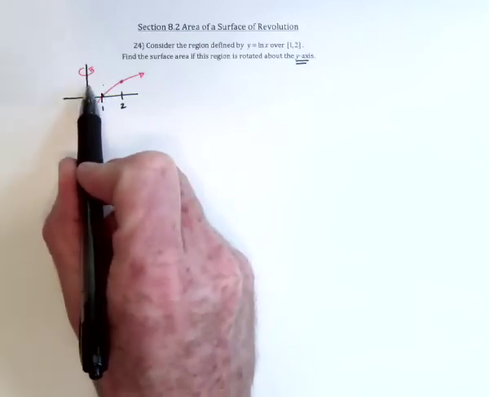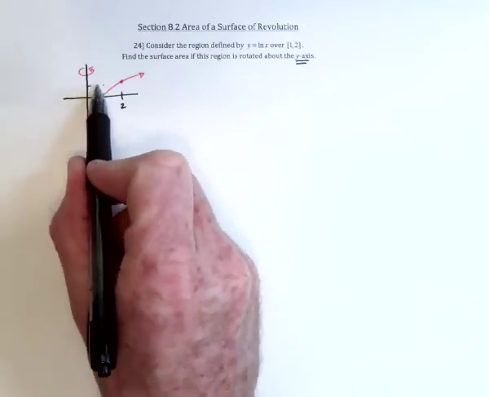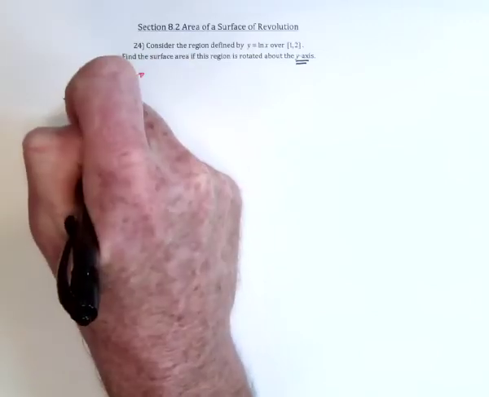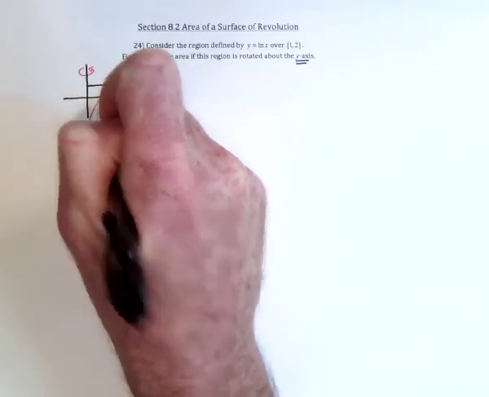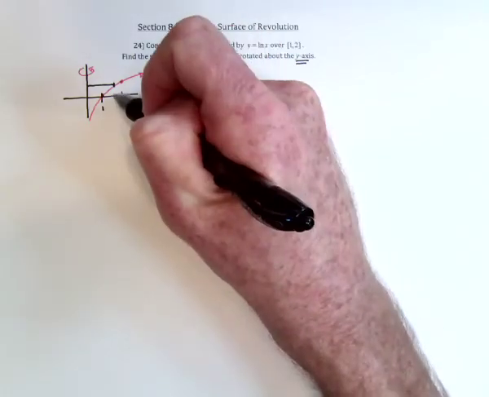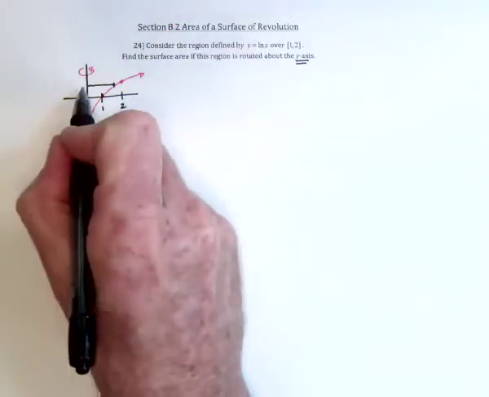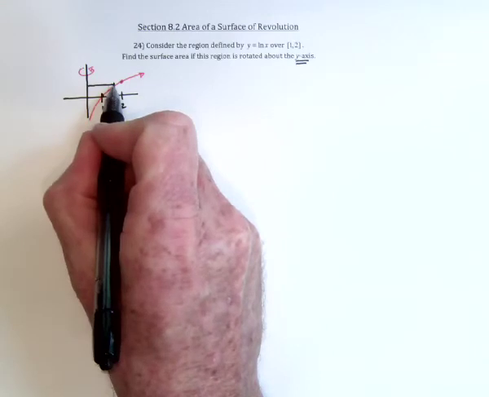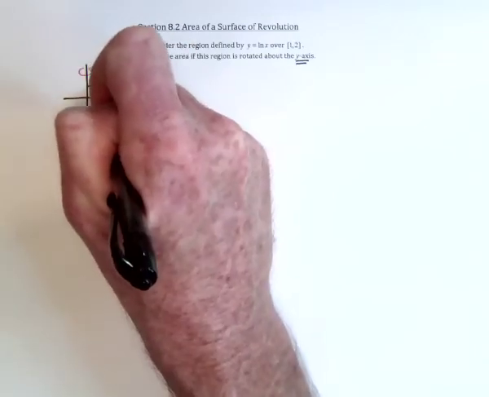So for rotating about the y-axis, basically the theory is the radius, since we're going around the y-axis, the radius has to be measured from here to that arc. So consequently, the radius is not going up to the function, it's going across to the function. So that means that the radius is equal to x.